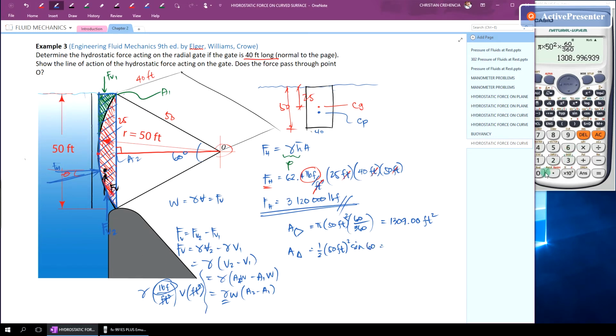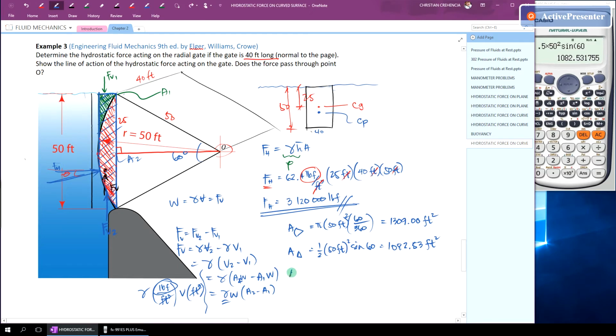Okay, so 0.5, 1/2 is 50 squared sine 60. Okay, so we have 1082.53. So this is also in square feet.